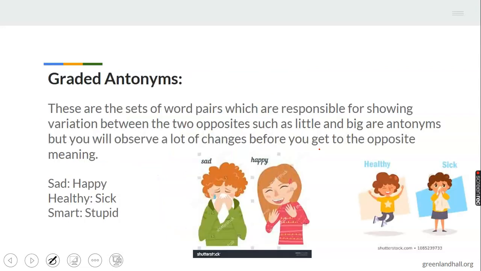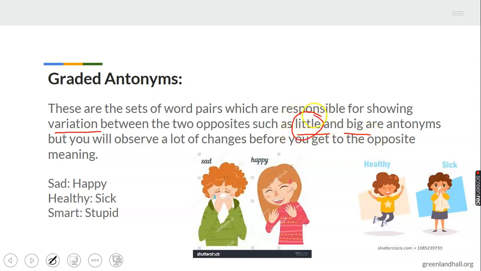Consider the next one, graded antonyms. These are the sets of word pairs which are responsible for showing variation, that is, differences between the two opposites, such as little and big. You see here we're talking about variation, difference.